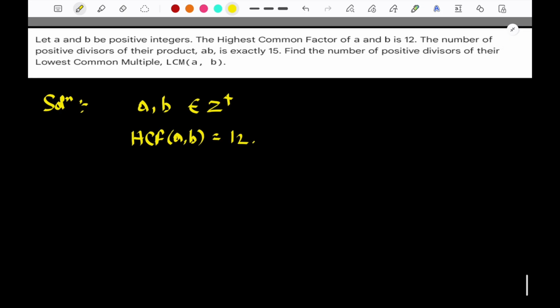The number of positive divisors of their product AB is exactly 15. It means, let's say the number of divisors is written as D, D of AB is given as 15.